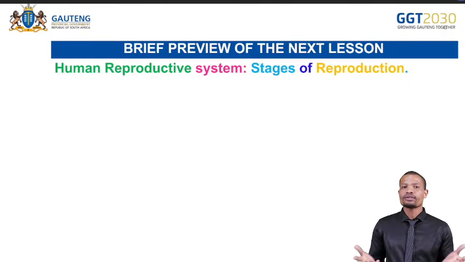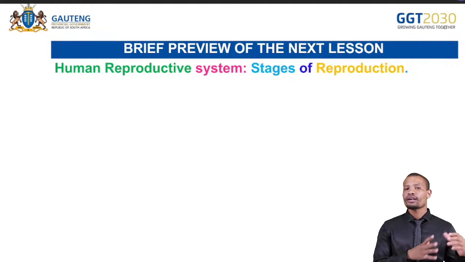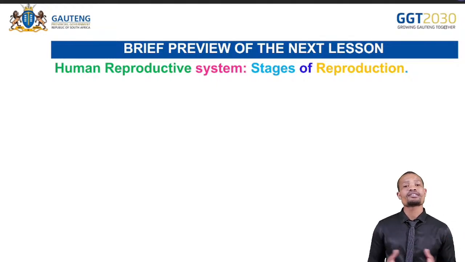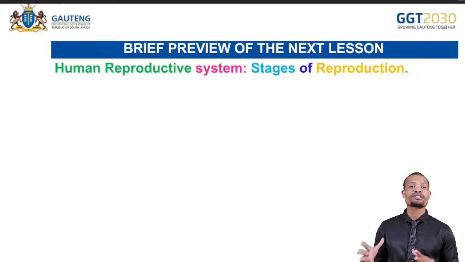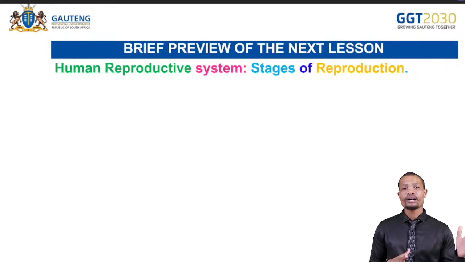We are still continuing with the human reproductive system because so far we looked at puberty, where we were looking at the changes that occur in the body as a result of puberty. And we said that was initiated by the pituitary gland. That was our previous lesson under human reproduction.